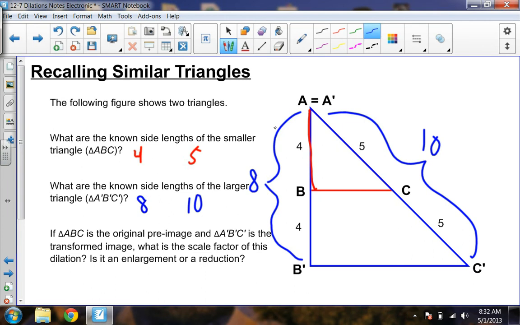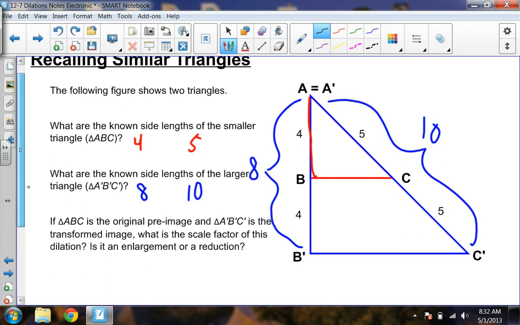If triangle ABC was the original triangle, and A prime, B prime, C prime is the transformed image, what is the scale factor of this dilation? Is it an enlargement or a reduction? Remember, when we do scale factor, we have to go from image to pre-image. In other words, let's divide this value by that value. So let's say 8 over 4, which is 2 over 1, which is 2. So it has a scale factor of 2.